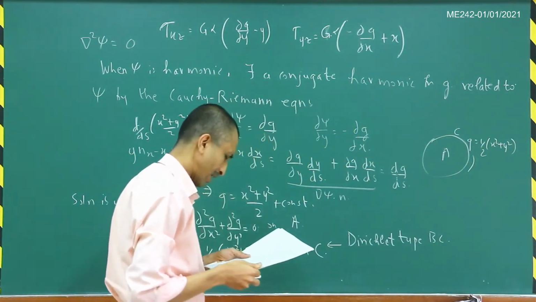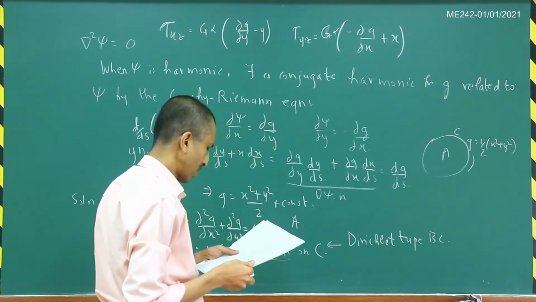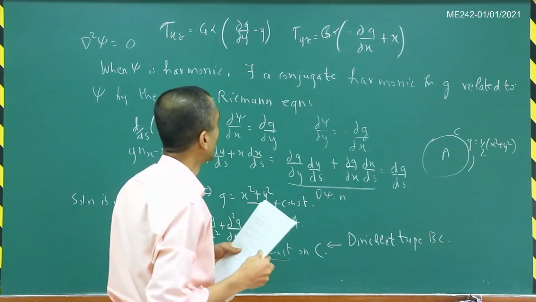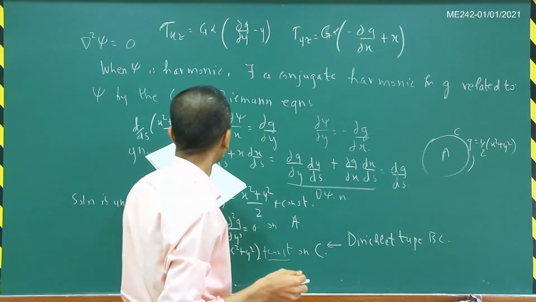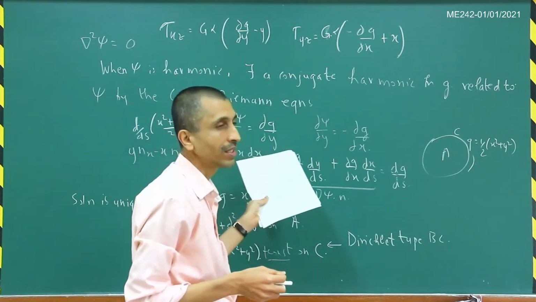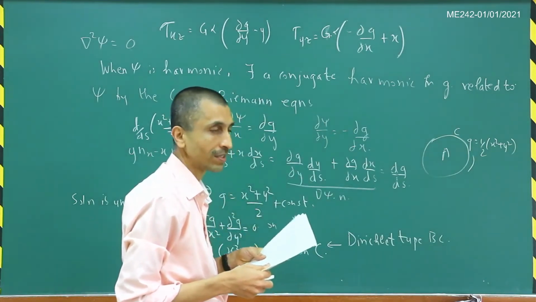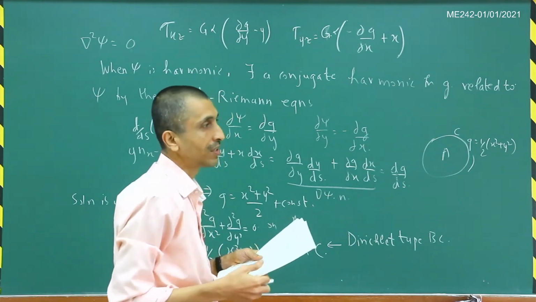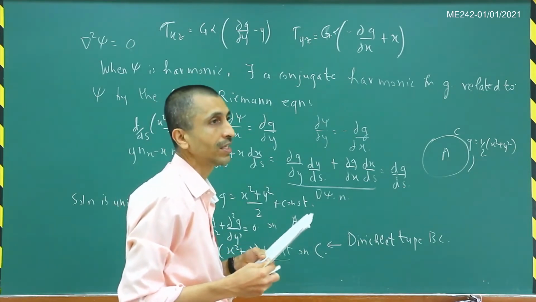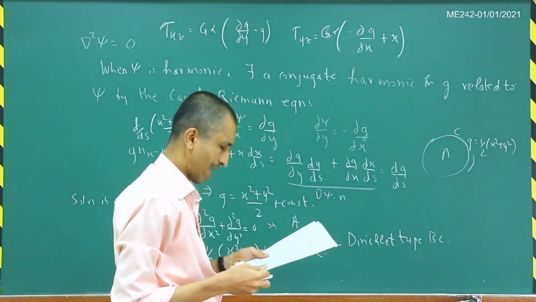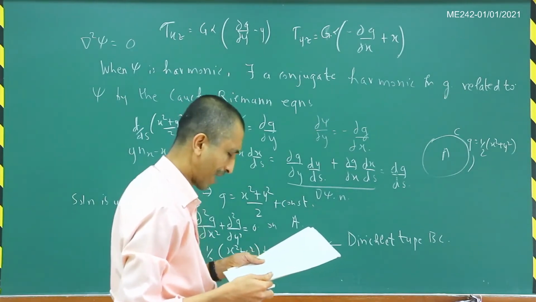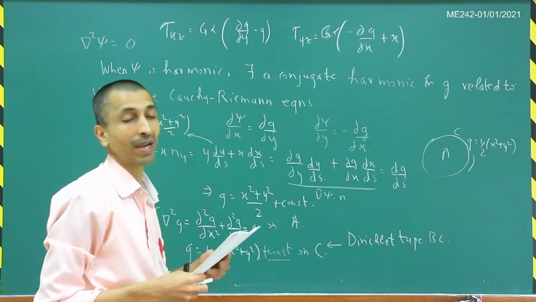Okay, fine. And then we have seen that the functions xi and g satisfy this Cauchy-Riemann equation. So one way of generating this xi and g is by taking the real and the imaginary parts of a complex analytic function.